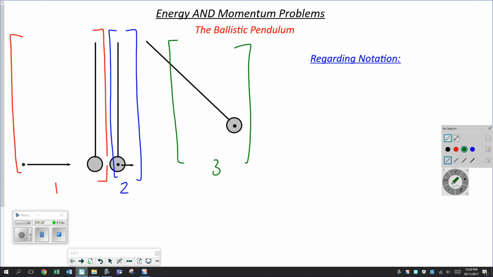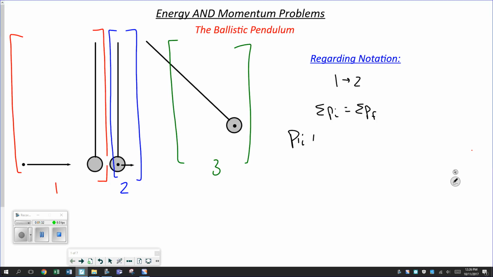So 1 to 2, that's net P initial equals net P final. So generically we might say P1 initial plus P2 initial is P1 final plus P2 final. Here's where I think you can use notation to your advantage.